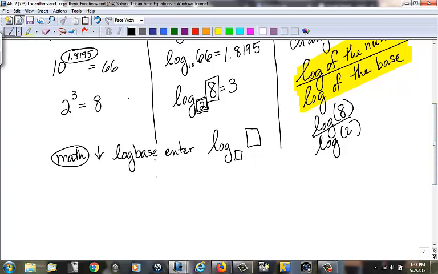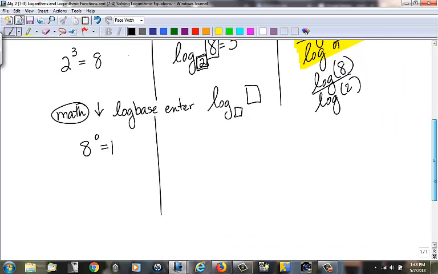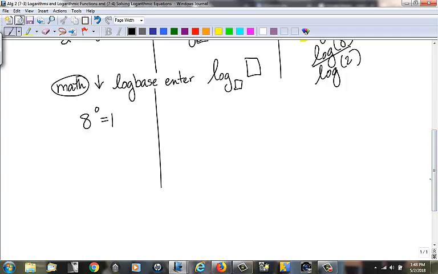Say in exponential form, say they had 8 to the 0 power equals 1. Remember, anything to the 0 power is 1. The only exception is 0 to the 0 power is undefined. So if we go from exponential form to logarithmic form, it'd be the log of 1 base 8 equals 0.